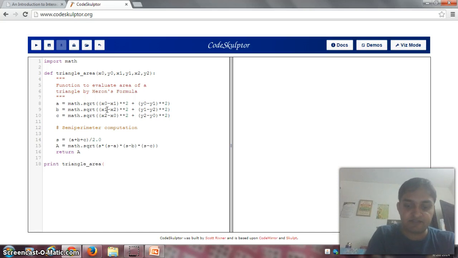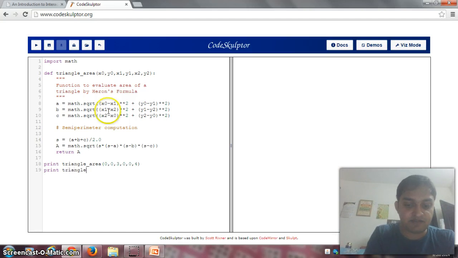Let's say I give three coordinates 0, 0 origin, 3, 0 point on x-axis, and a point on y-axis. So it is a right triangle. We'll see what it will compute to.